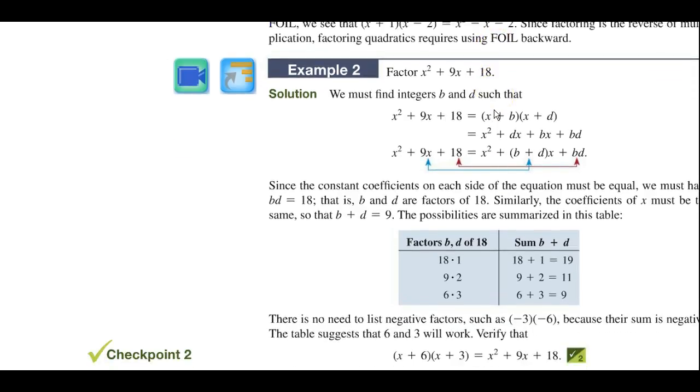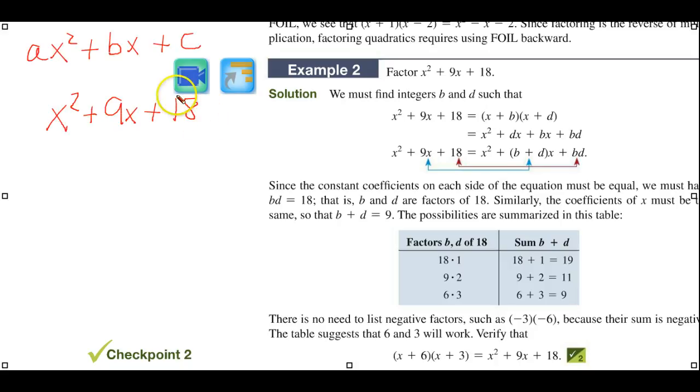So let's look at the strategy that would be involved. You may recall that the standard form for the quadratic expression is this. And right now, as we look at the one they want us to work with, our a term is a 1, so we don't usually write the a term. And it is then in standard form.